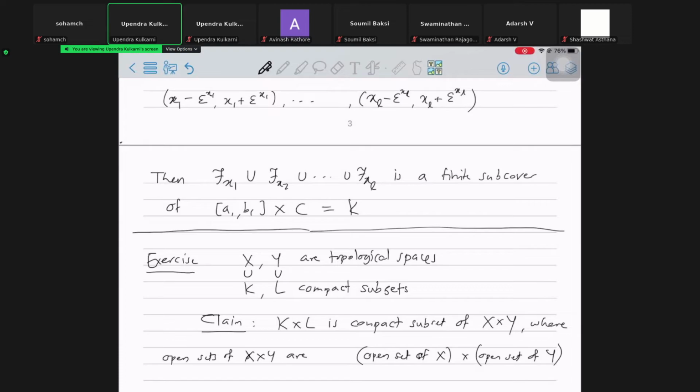I mean, you can just see this in a picture. If I take open interval in R cross open interval in R, then that is going to give me the interior of a box in R2.